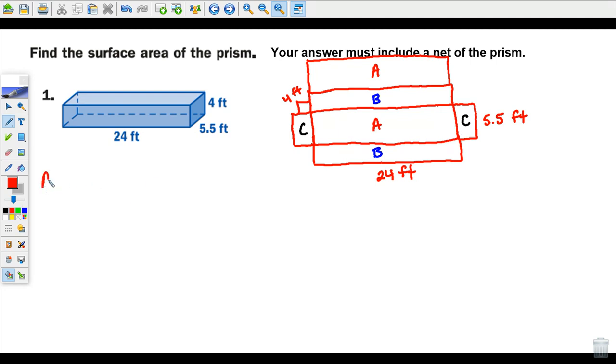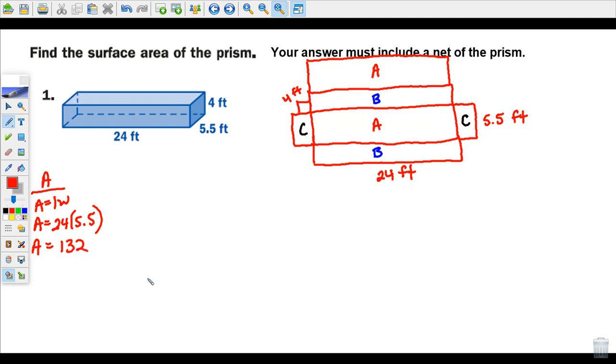So for A, it is a rectangle, so we do length times width. The length of A is 24, and the width is 5.5. So when we do 24 times 5.5, we get 132.